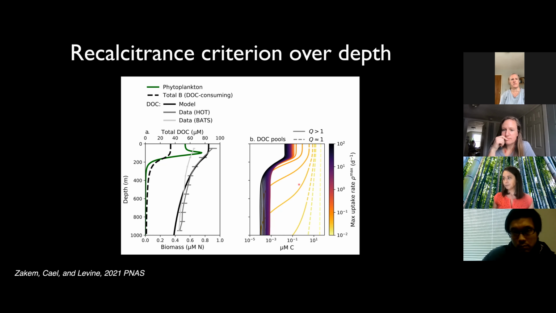So these pools are getting mixed thoroughly in the model. They're just persisting and getting mixed. What I just described is why these guys do that kink.